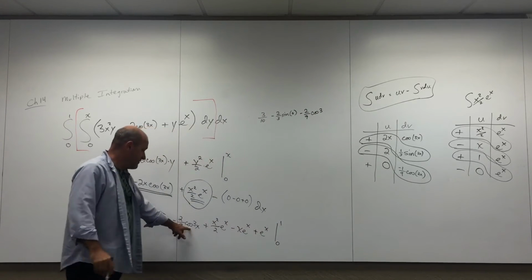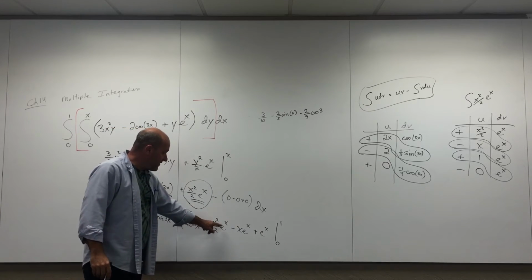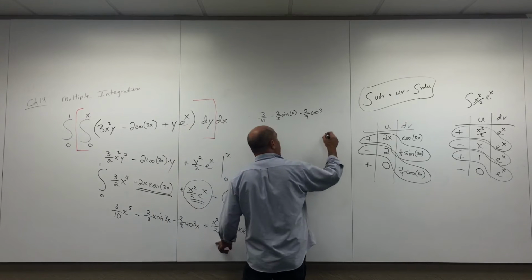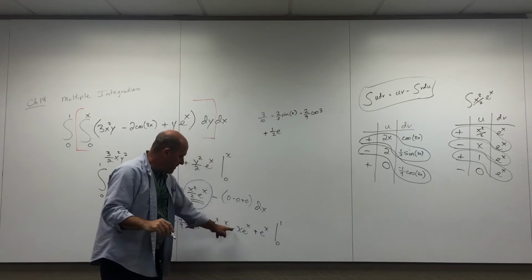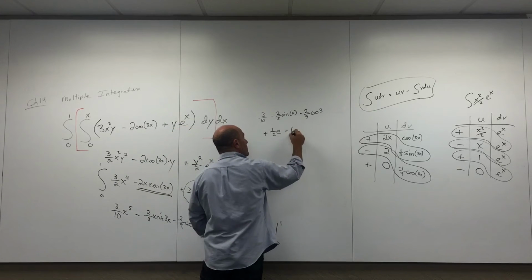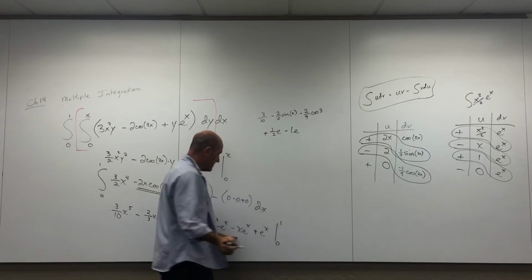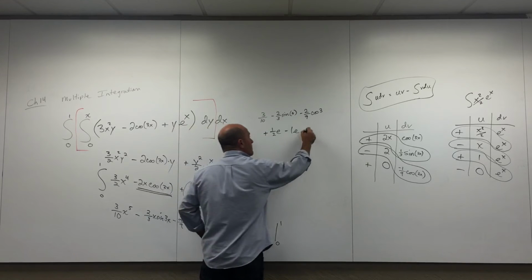Whatever that is. Plugging in a 1 here, this is 1/2 e to the first, plus 1/2 e to the first, minus 1 e to the first. That's interesting. And then finally, just a plus e to the first.